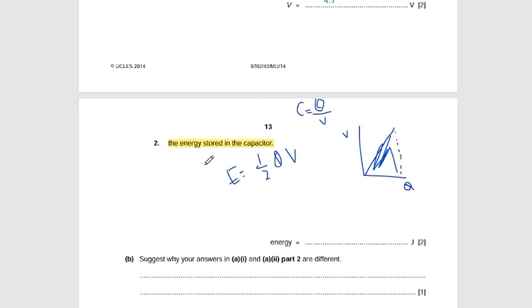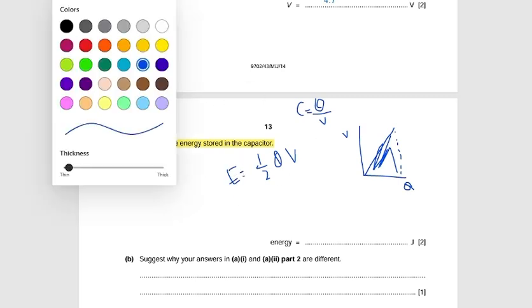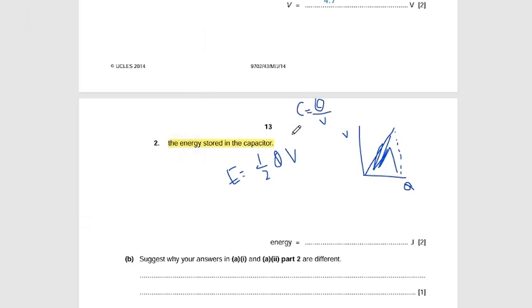Now it can be 1/2 QV, or, since Q equals CV if we make Q the subject, I can replace Q with CV and I get CV times V, which is CV squared. So these two are the formulas I can use for energy. It depends on whatever they've given us in the question.